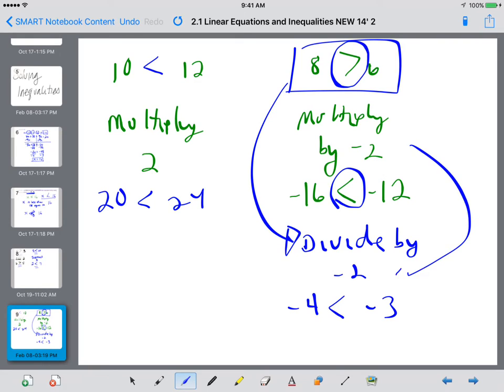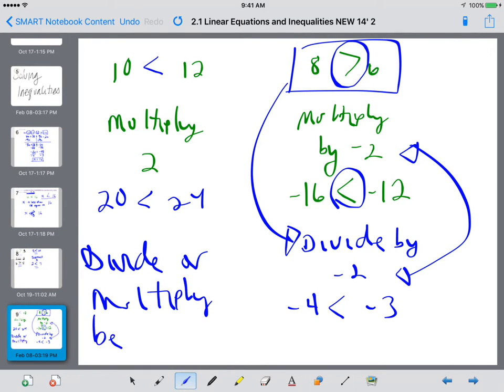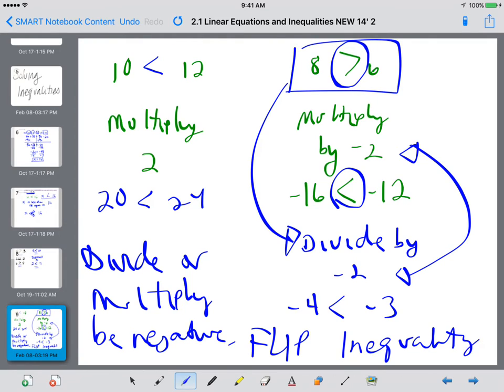So take a note: when you divide or multiply by a negative, you flip the inequality. Write that down, keep that safe.